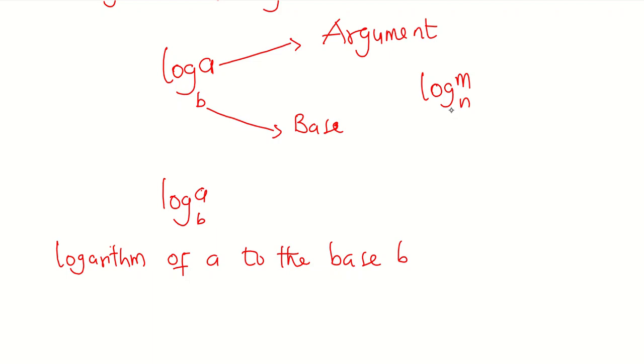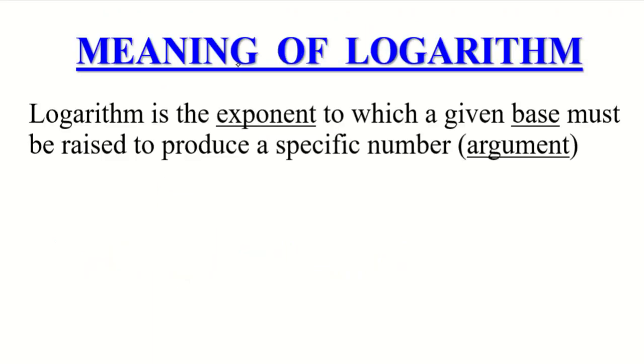Now, to make everything short and simple, let's move to the meaning of logarithm. Logarithm is the exponent to which a given base must be raised to produce a specific number or the argument. Let's take it again.